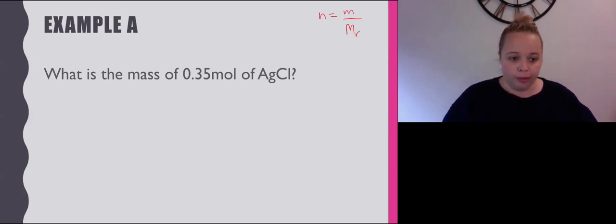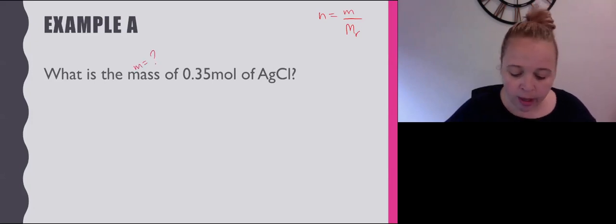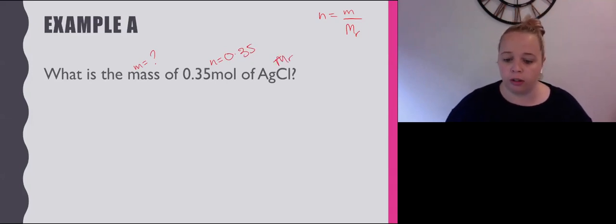It's written there. So now I want to know, what is the mass if I've been given the mole, and I can figure this out from the periodic table, the MR of silver chloride.